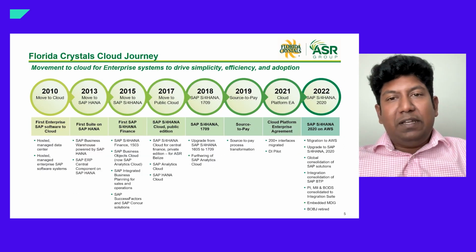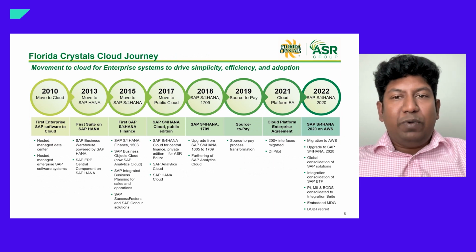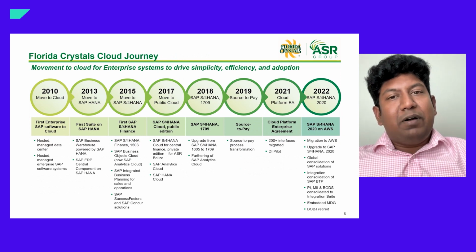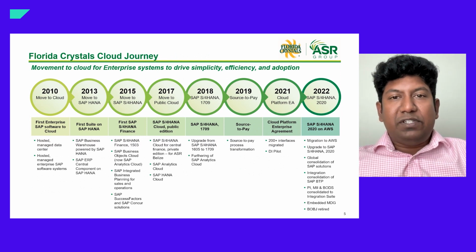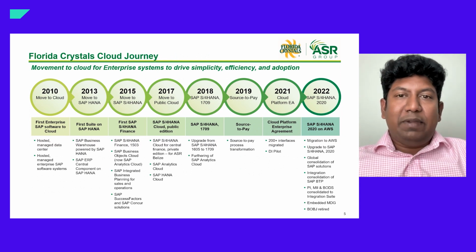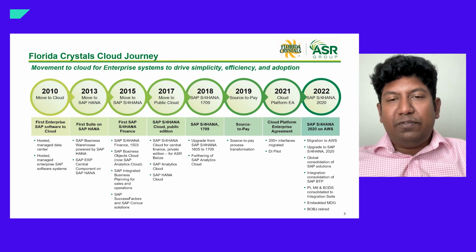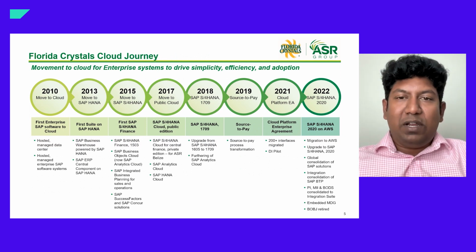But fast forward, let's focus on 2021 and 2022, which are more relevant to our conversation. In 2021, we signed up with Cloud Platform Enterprise Agreement, which offers a lot more services without us having to spend more time understanding hardware, software requirements, licensing requirements and whatnot.